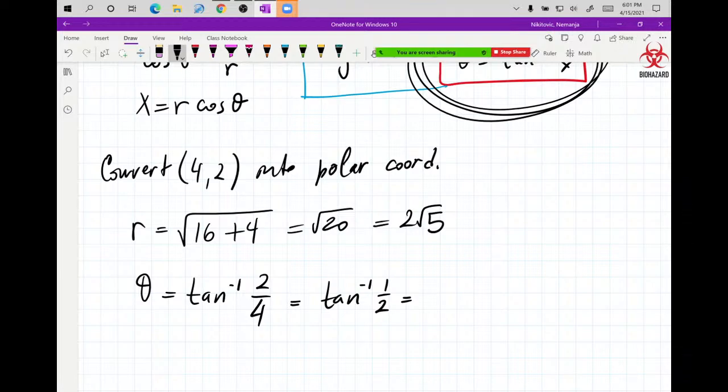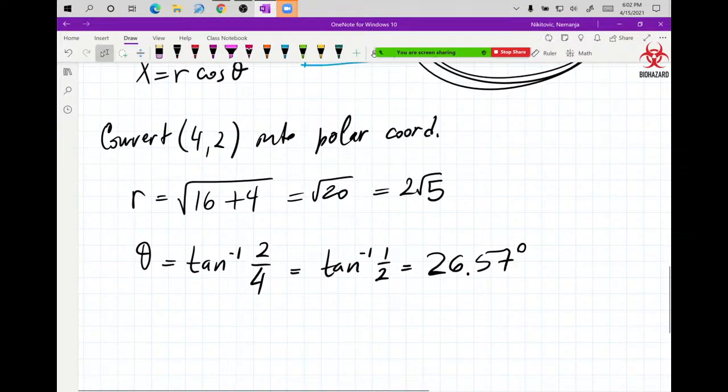Inverse tangent of 1/2 is 26.57 degrees. So we have our 2 root 5 and then 26.57 degrees.